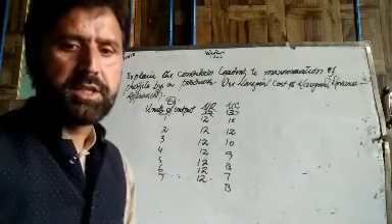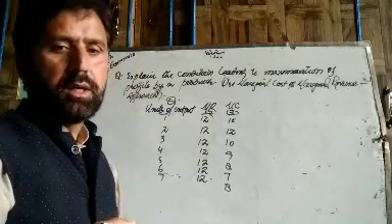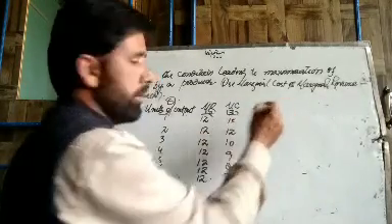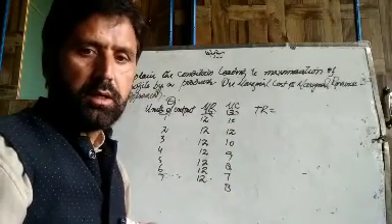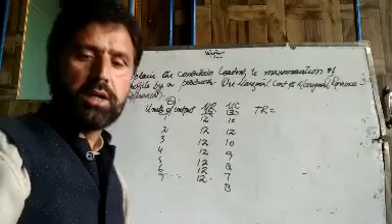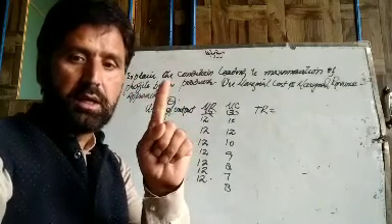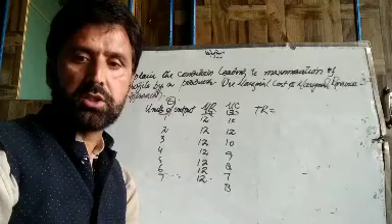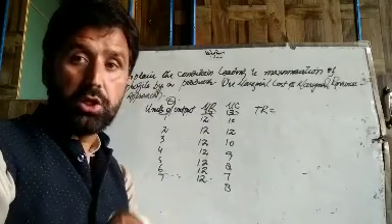So dear students, here is the total revenue situation. First, marginal revenue is equal to marginal cost, and marginal cost is falling.